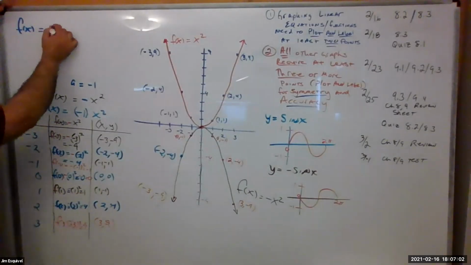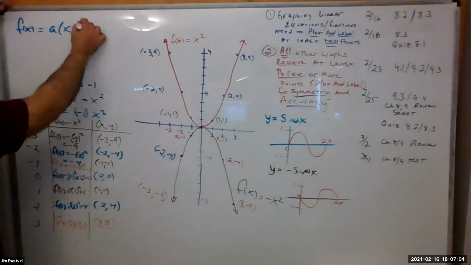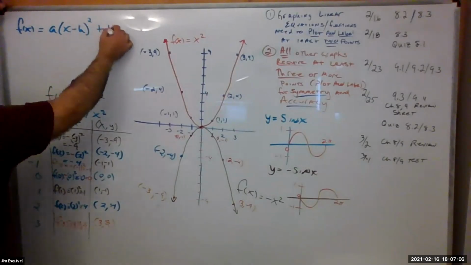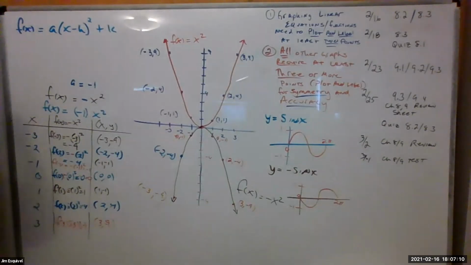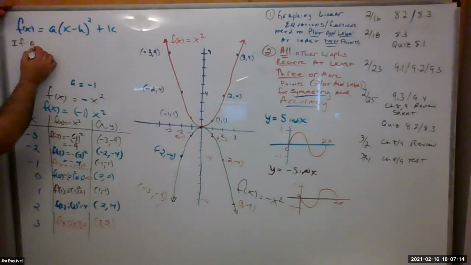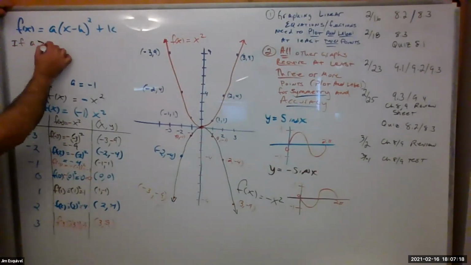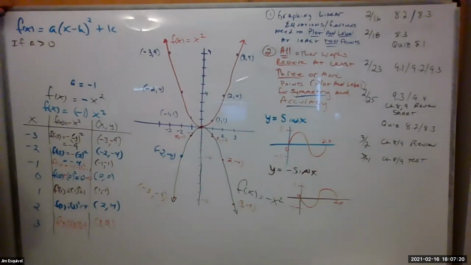f(x) = a(x - h)² + k, if a is greater than 0. What kind of numbers are greater than 0?